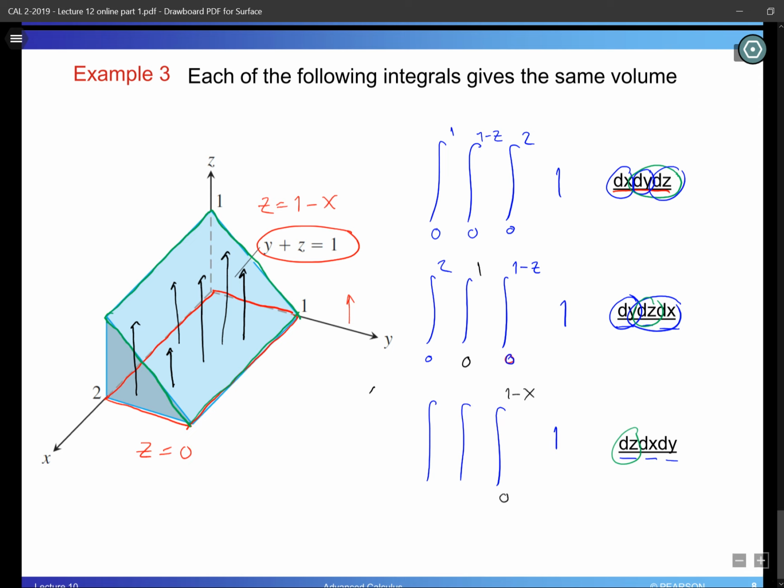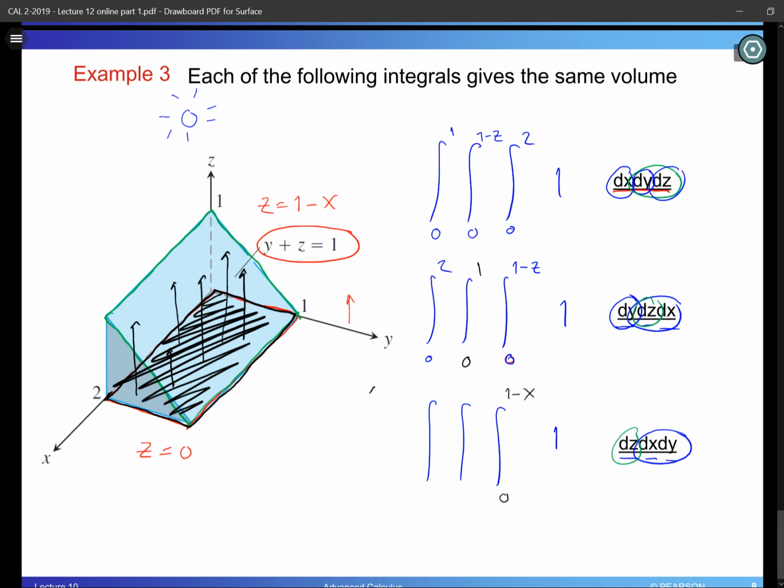Now, the next thing we need to do is to look at the projection on the xy plane. So imagine shining light from up here, and you get the shadow of this object, a shape like this. We are going to work on this shadow, this projection, to sweep the x variable.